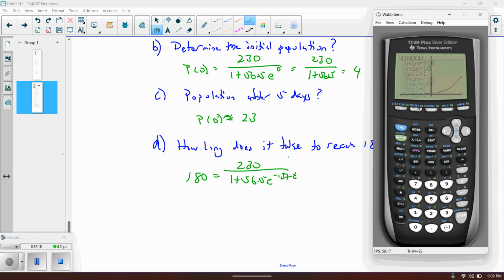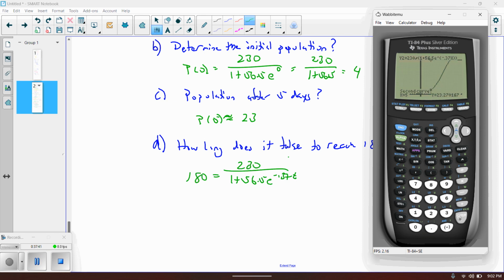So let's go back to the window. Let's go to the x maximum and change it to 20. And graph. Hopefully this will work. And there's the intersection. Good. So now we're going to find the intersection, second trace, intersect. Yes, that is the first curve.